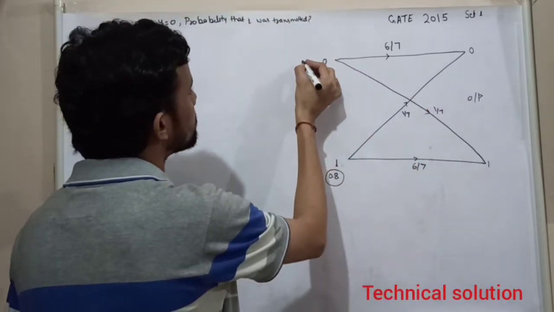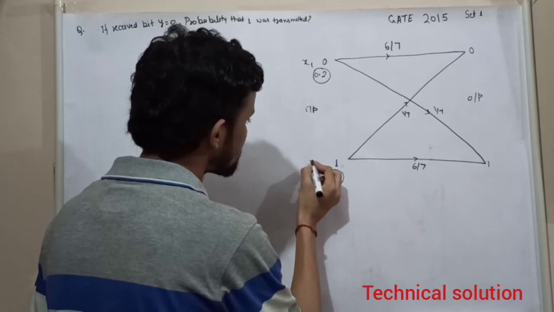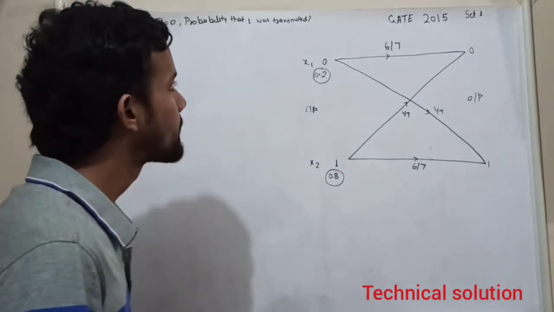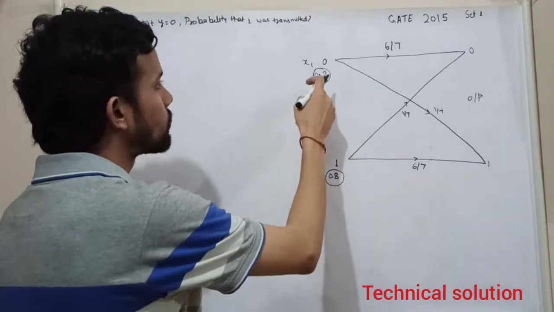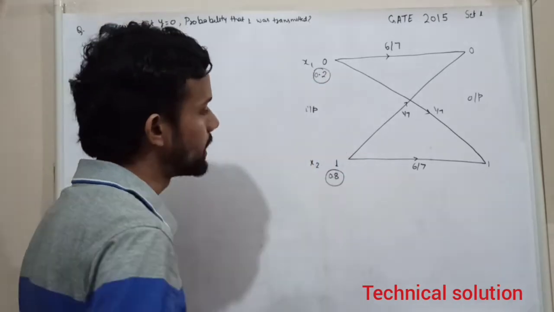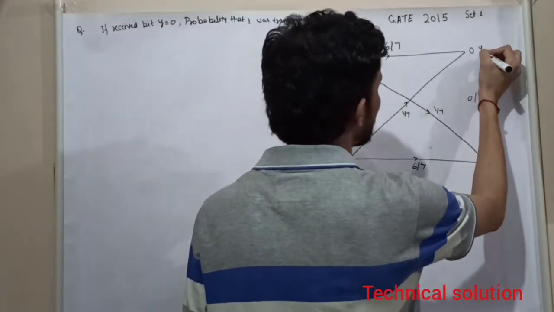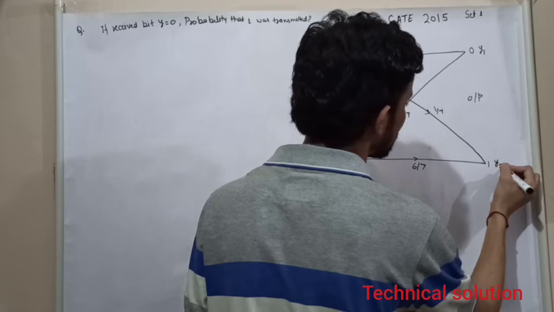The transmitted bits are x1 and x2. It is given that the probability of x1 is 0.2 whereas the probability of x2 is 0.8, and these are the received bits y1 and y2.